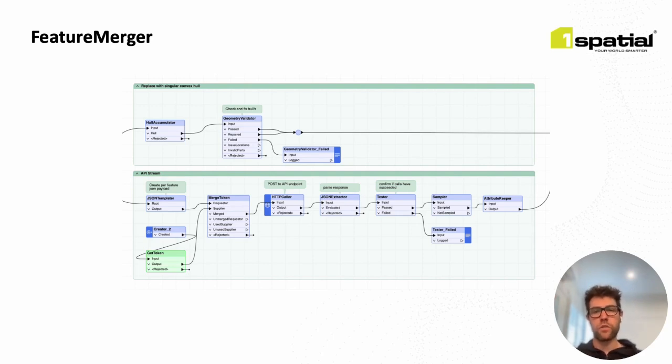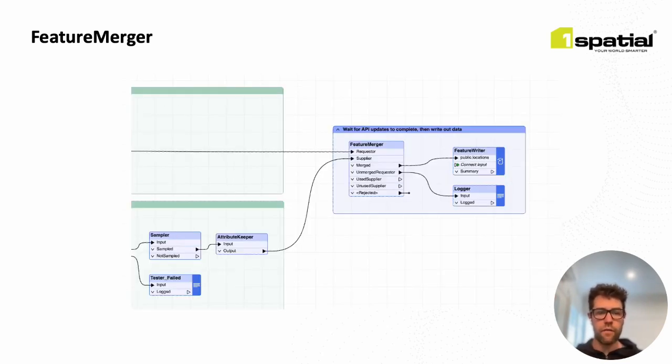All we need at this point is just to know that all of the features have passed through this particular point in our workspace. And then finally, that feature merger there, which we can see in the center, is doing a one-to-one unconditional merge. So what that means is the features that have gone through the hull accumulator will not proceed through to the feature writer until that stream of features down the bottom, which are interacting with an API, have all finished being processed.